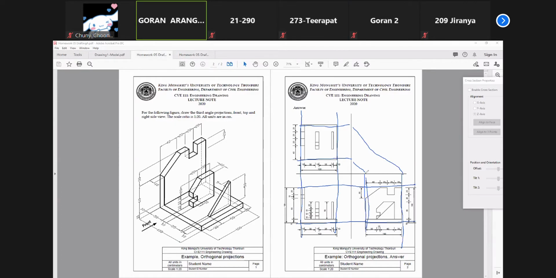So your projection of the object should not leave these limits. So everything must be inside. So everything must match.